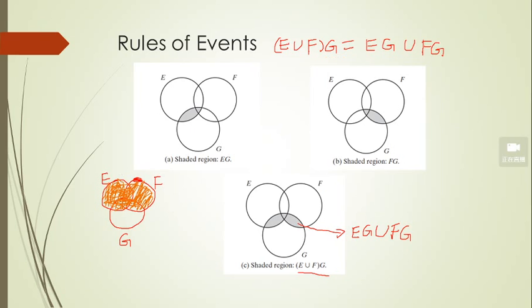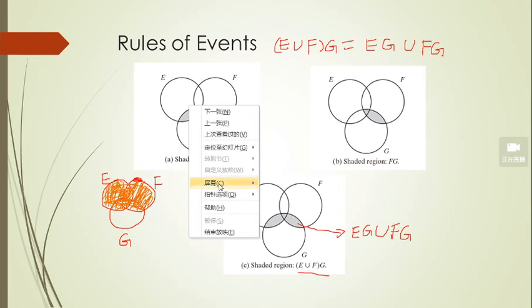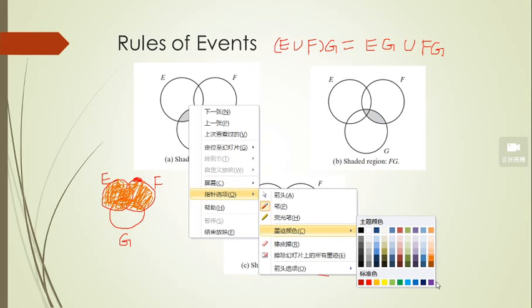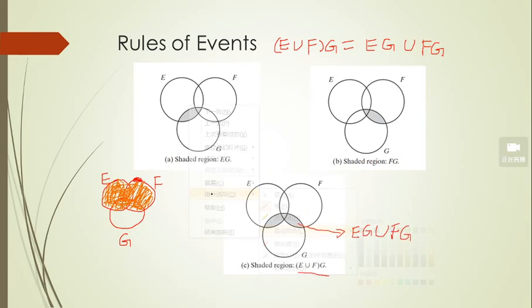This part intersect with G. What is the part that intersects with G? Should be this part. Now let me choose a different color, let's do black. So this union part intersected with G will be the intersection of the circle with G here, right? So should be this part, that is the left part: E union F, and then intersect G, using the graphical representation.